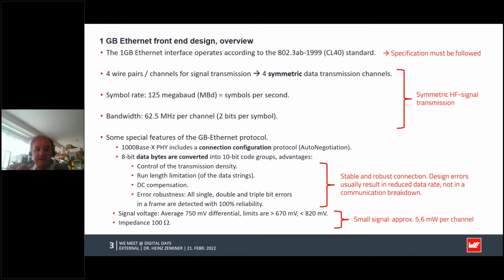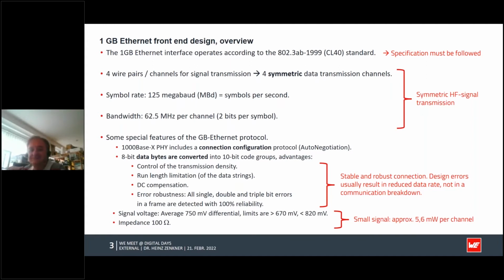And there is a highly sophisticated bit error correction inside, which altogether means we have a very, very stable and robust connection. But design errors usually don't result in a communication breakdown, but in a reduced data rate, which is then corrected by the sophisticated software or firmware in that PHY.